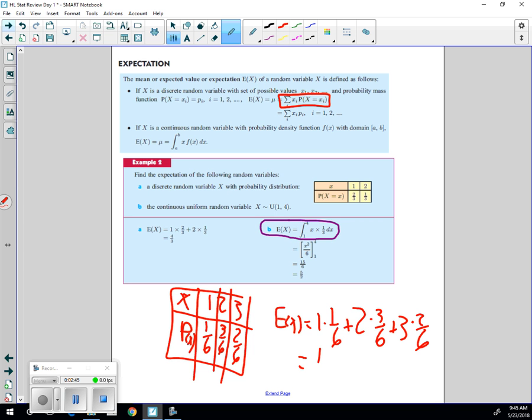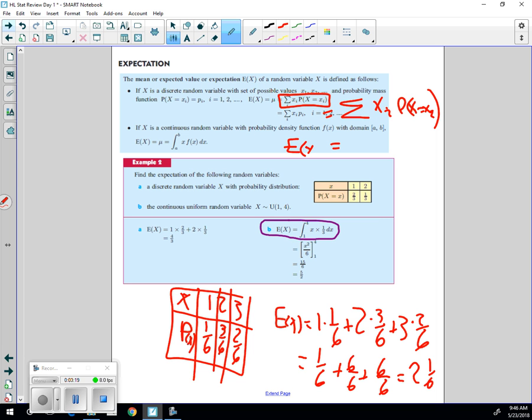So this is going to be 1/6 plus 6/6 plus 6/6, which is going to be 2 1/6, right? Or 13/6, not equal to 1. So that's the first thing I wanted to remind you of, is that when we do expected value, it is x_i times the probability of X equal to x_i, and you add all those up, and those are what they call your expected value, E of X.